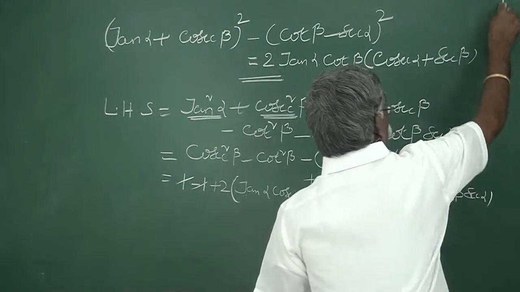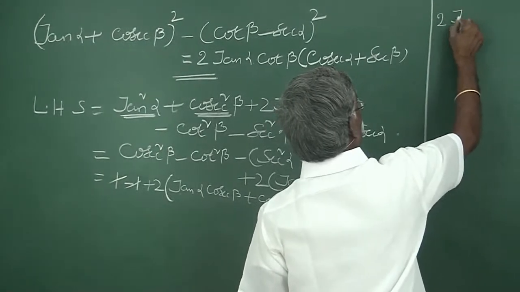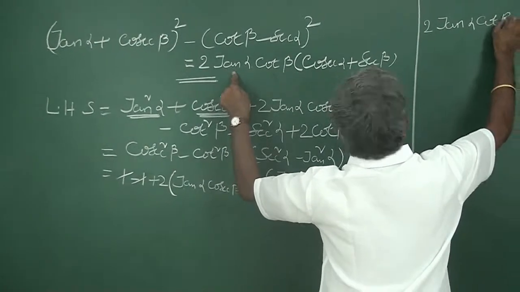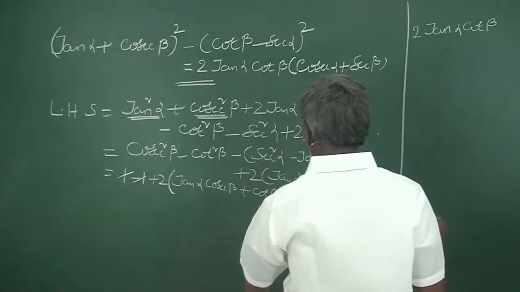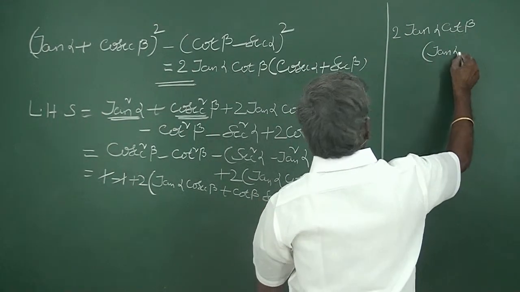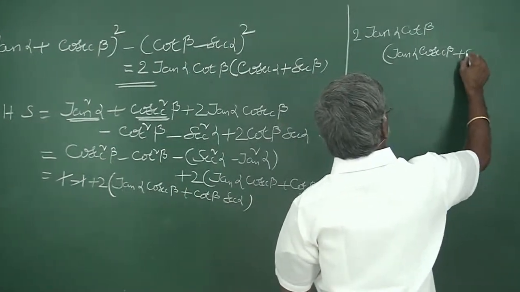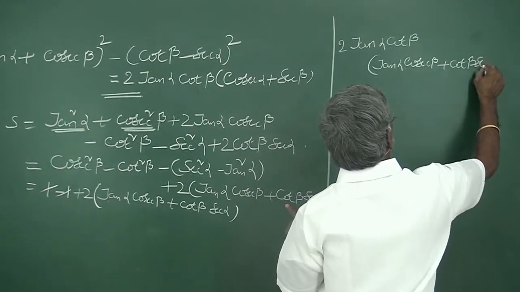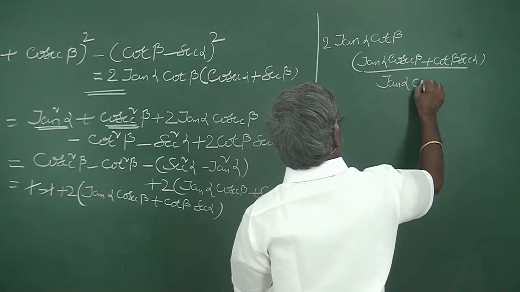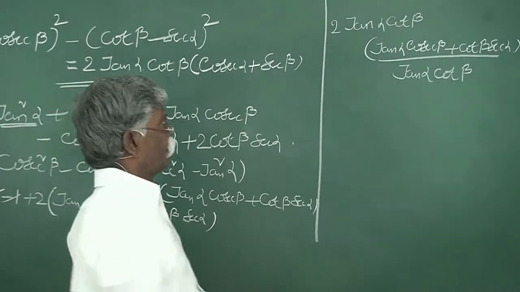Therefore, now here it is 2 into, we are multiplying by tan alpha cot beta into tan alpha cosecant beta plus cot beta secant alpha is divided by tan alpha cot beta, so that the value does not change.